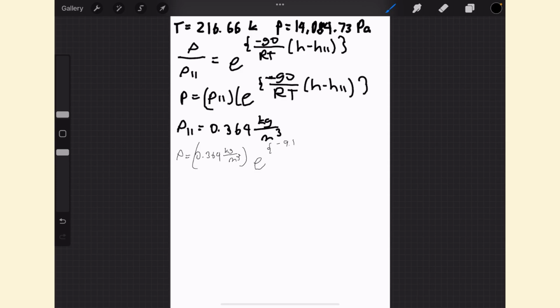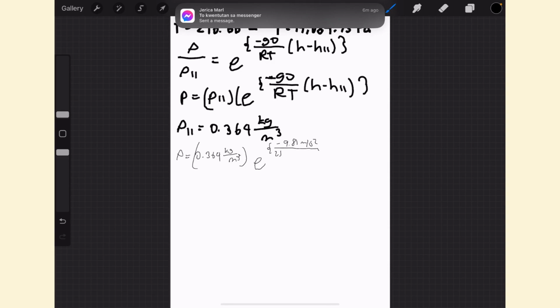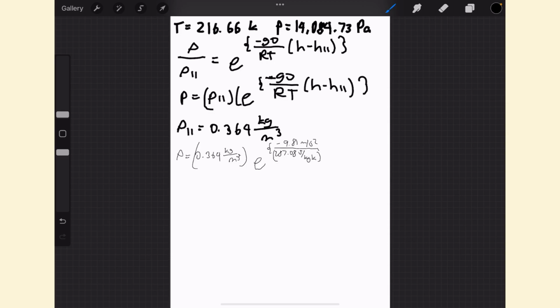Tapos ayun, 9.81 meter per second squared times 287.08 na gas constant. Yung temperature natin, multiply lang sa 14,000 meters minus, sorry, hindi na kasya, dito na lang 11,000 meter.